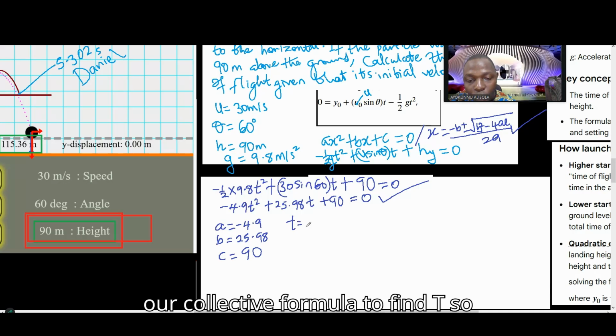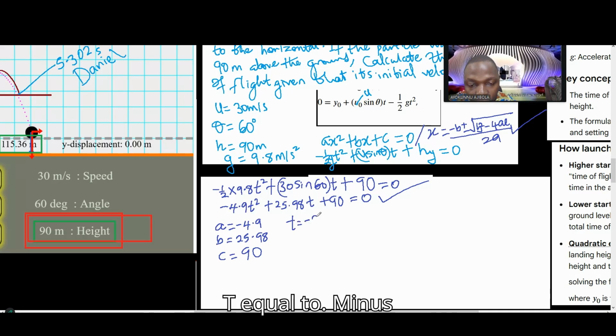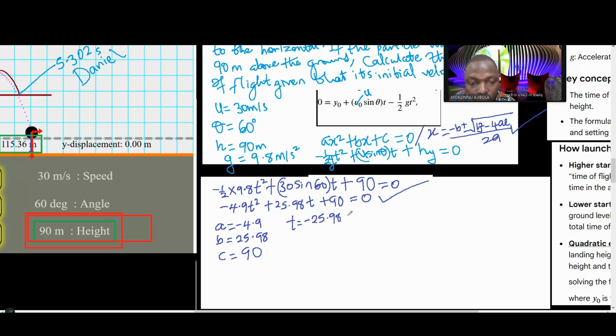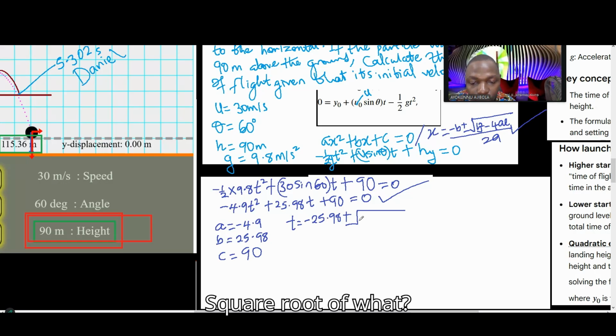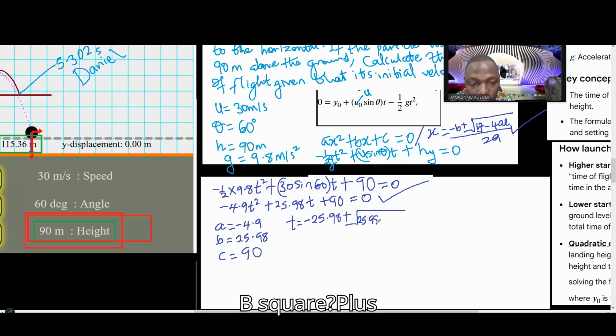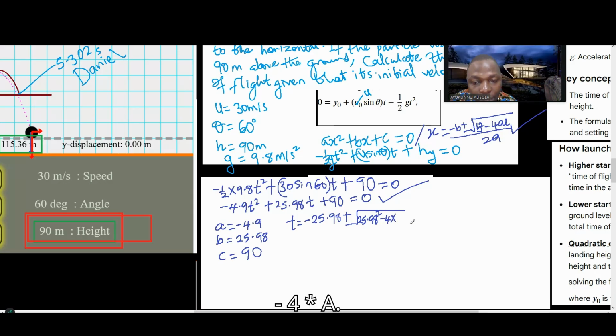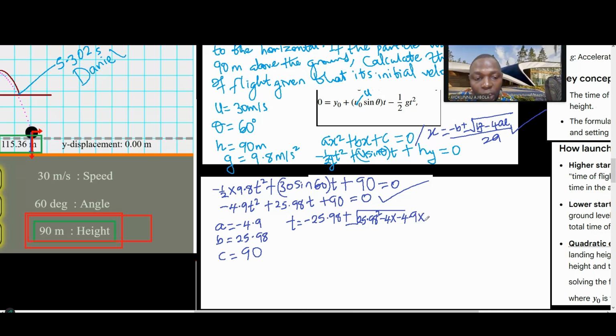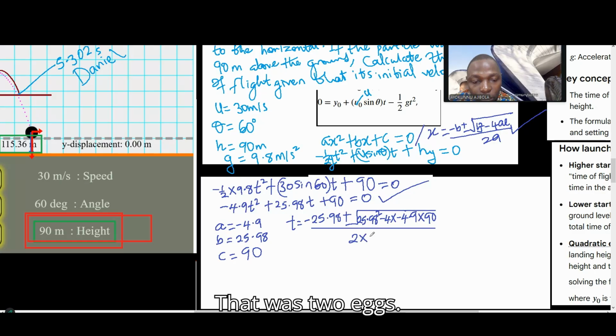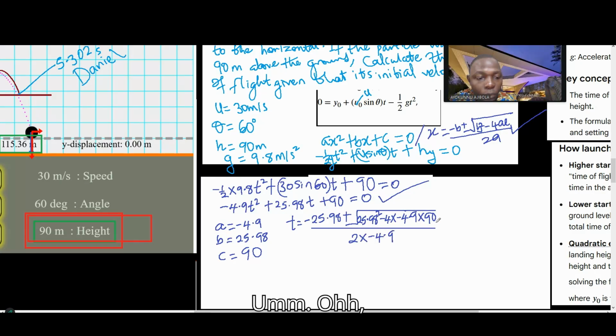So t equal to minus b, plus or minus the square root of what? b squared. Yeah, I want to separate them, okay? b squared minus 4 times a. What is a? Minus 4.9. Then times c. What is c? 90. All over what? 2a, 2 times minus 4.9.